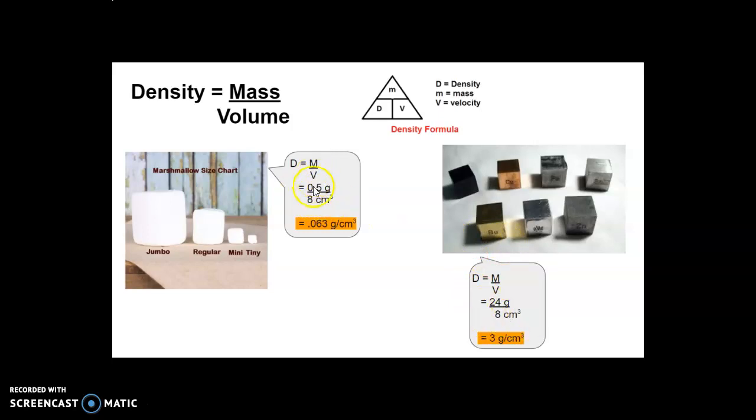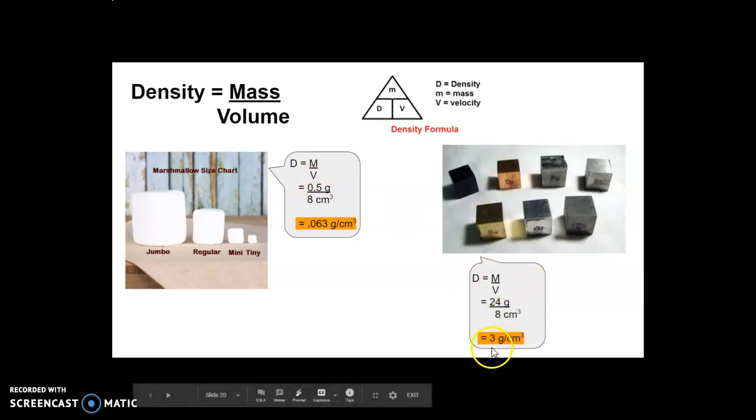See, the number in the denominator here is the volume. It's the same exact size. So the chunk of metal over here has a density of 3 grams for every cubic centimeter that you're dealing with. So that's, I don't even know how many times greater. 3 grams versus 0.063. So way more matter over here in these very dense metals.